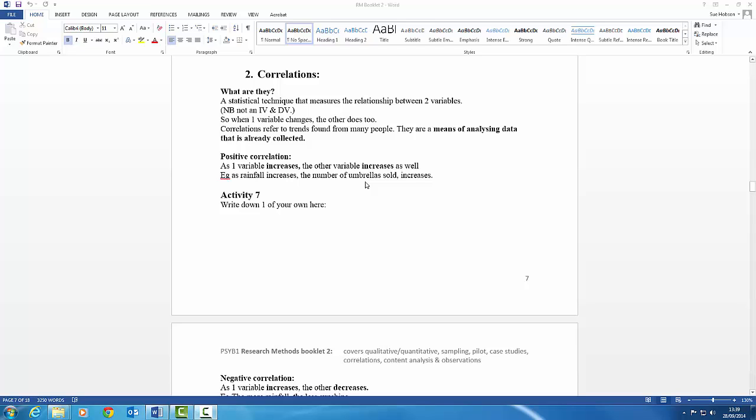So we're not saying it has any causal relationship, we're just noting that in this particular data that we've gathered, as rainfall increases, umbrella sales increase as well. Have a think, and if you can jot down an example, we're going to have a look at those in class. So an example is one variable increases, the other one does as well.